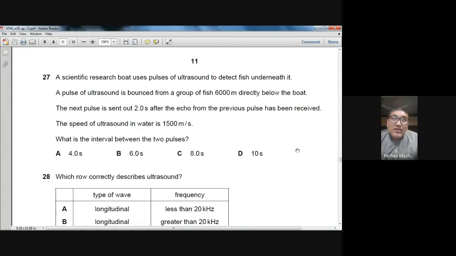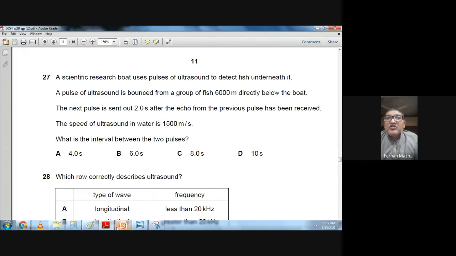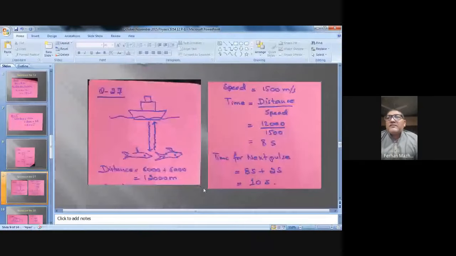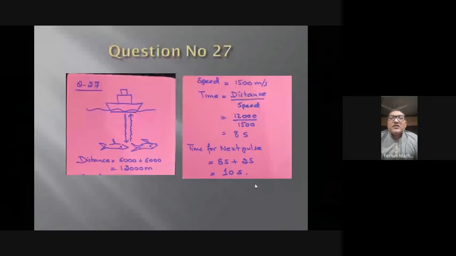Okay. So the fish is 6,000 meters below. The speed of the ultrasound is 1500 meters per second. Let me show you. So here we go. Hopefully you can see this. Here we have the ship. It will send the ultrasound down. From the fish, the ultrasound will be reflected and it will come back.